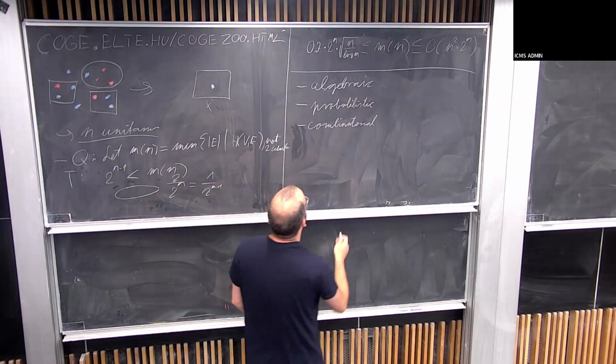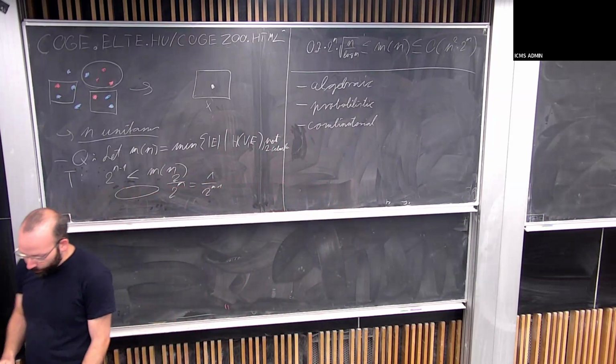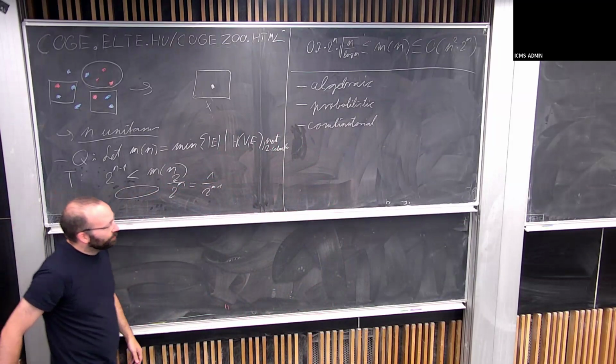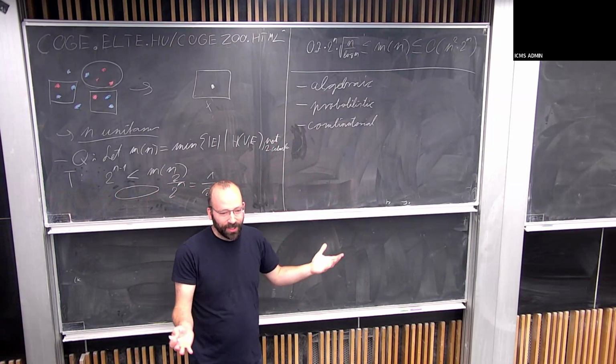So let's start. One thing that I also wanted to say is that if you have a hypergraph and you want to show that it's not colorable, it's usually hard, because you have to show that no coloring works. If you want to show that something is colorable, it's usually easier. You just have to show one coloring and then you are happy.